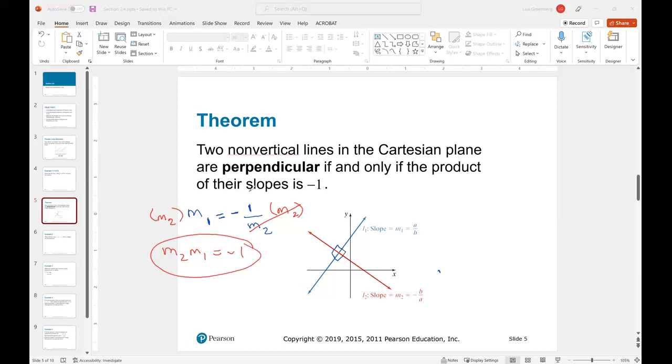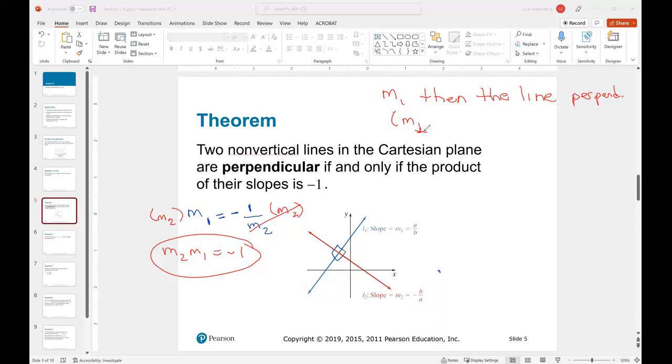I think the best thing to know is that if you have the slope of one line, then the line perpendicular to it, and I'll just abbreviate it, I would write the slope of the perpendicular line like this.